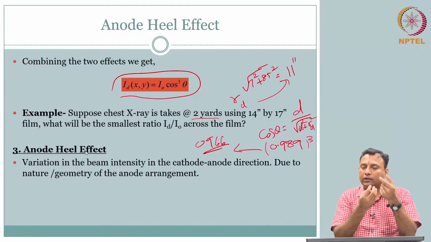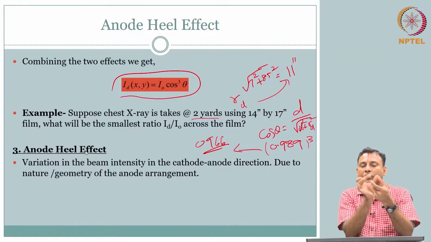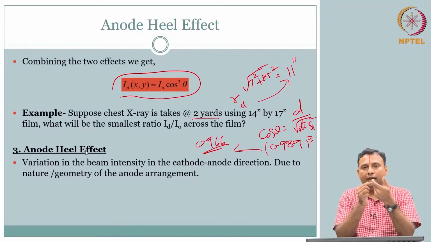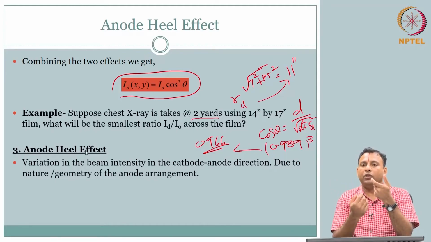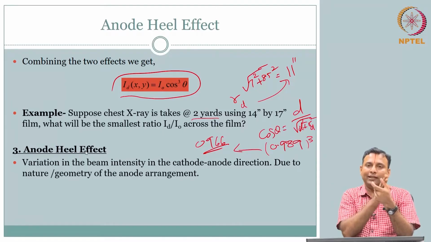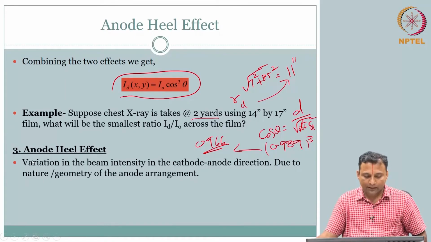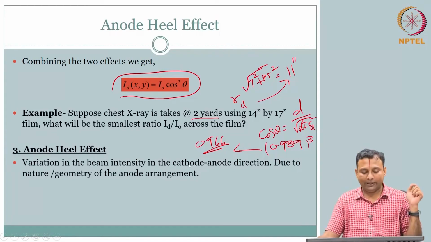It turns out that the X-rays coming out are not distributed uniformly along the thickness of your anode. At the edge of the anode close to your cathode, more photons come out, and as you move to the other side, there is a variation in the beam intensity in the cathode to anode direction.